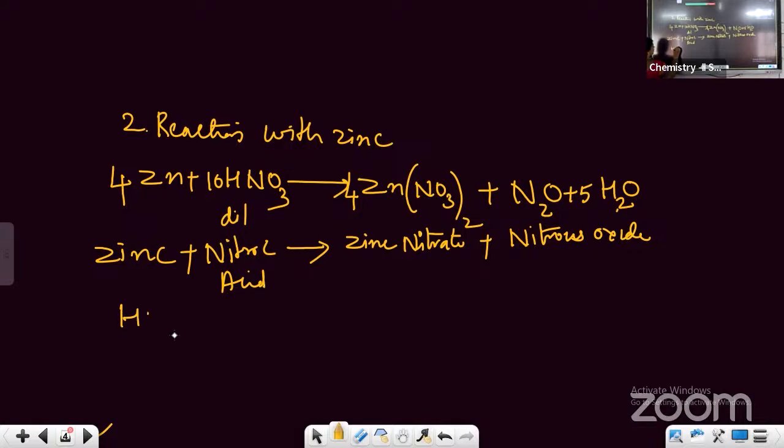The next reaction is with concentrated HNO3. Okay. So it will react with the zinc to give zinc nitrate, which is common, students.